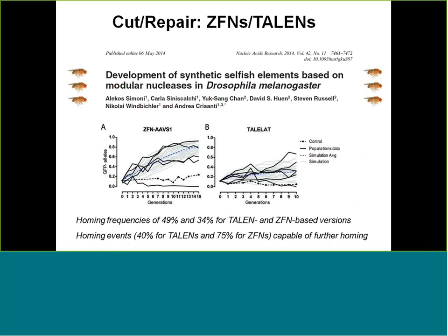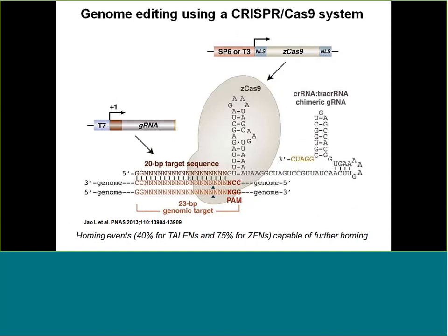And so once copied, the rate of further homing was substantially lower, and these were not sufficiently good proxies for homing endonucleases. So to that extent, re-engineering homing endonucleases seems like the better bet at this point.